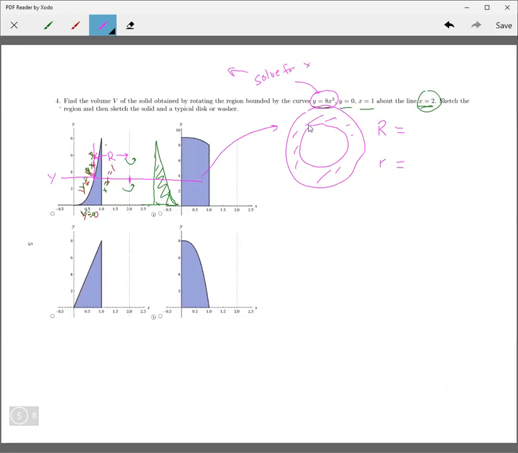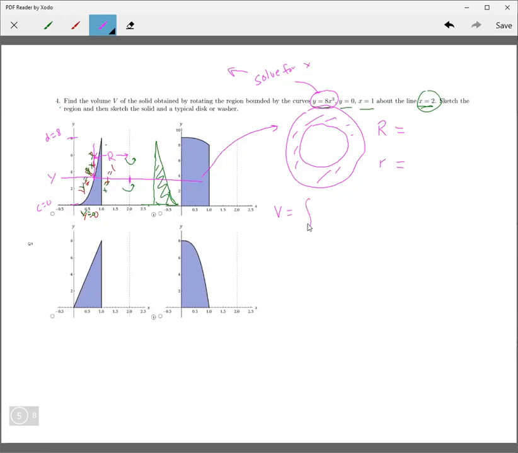Basically, we're going to be integrating from 0 up to 8.